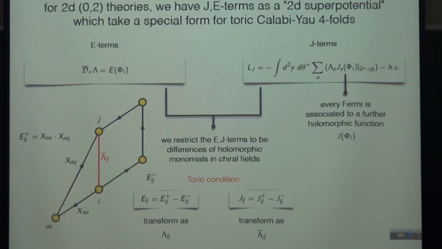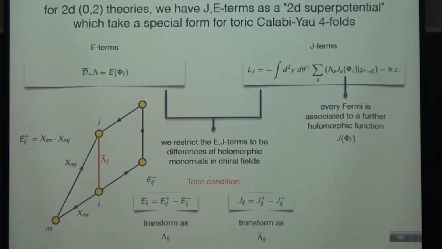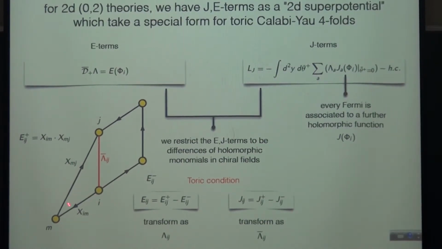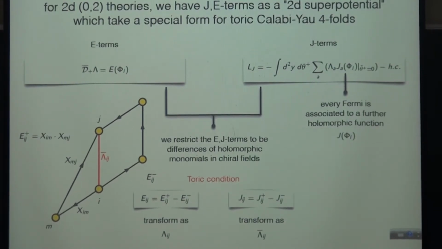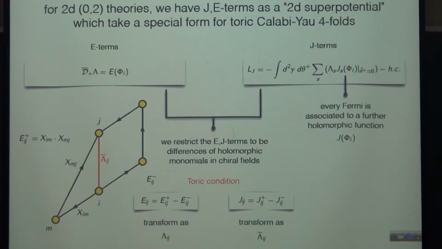It's an equality between two products of the chiral fields, and it can be graphically represented in terms of the quiver diagram as follows. If I pick a line corresponding to a Fermi multiplet, it is always associated to two directed paths, and these two directed paths are precisely these monomial products of chiral fields, which are identified to each other by either an E-term or J-term interaction term. Okay.